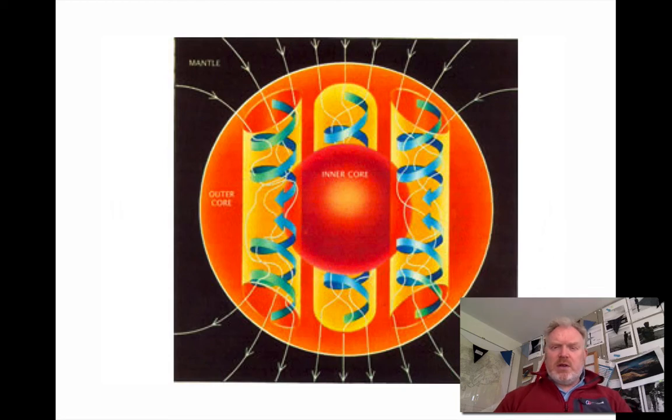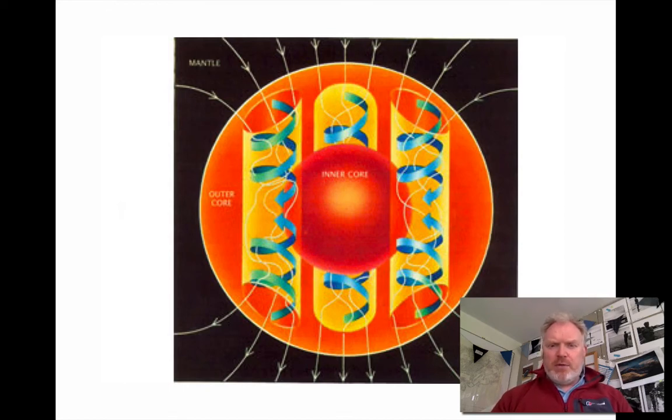The fact that this magnetic field is generated as an electromagnet within a liquid outer core also helps us to explain other features. For example, the location of the magnetic pole changes over time, it drifts.